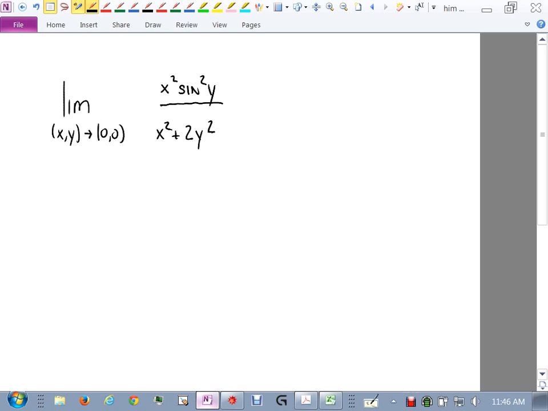The limit does exist. It is a number, but we can't check all the paths. So I'm going to start with a set of inequalities that I know is true. Do you agree with it? That's what you need to ask yourself.